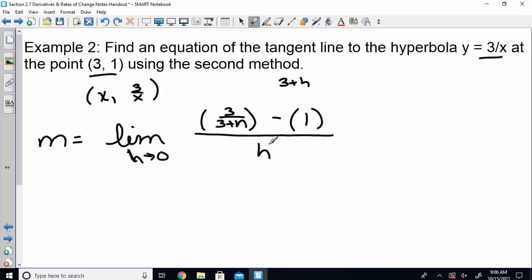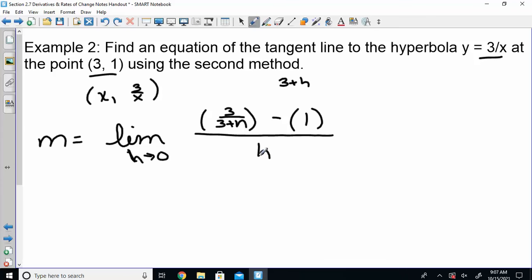Questions right here. Then we have to simplify this and get our h off the bottom, because right now I can't plug in if it's 0 on the bottom.